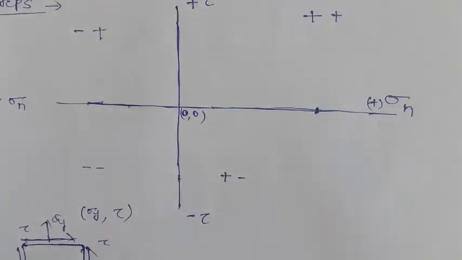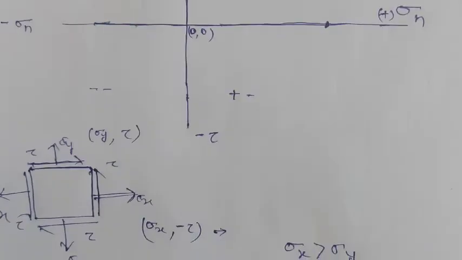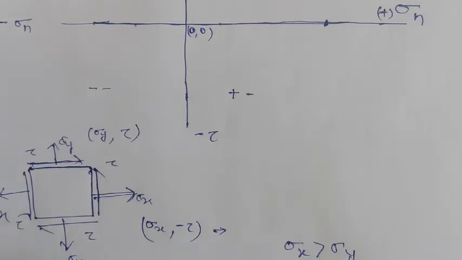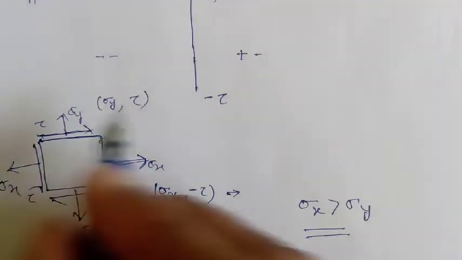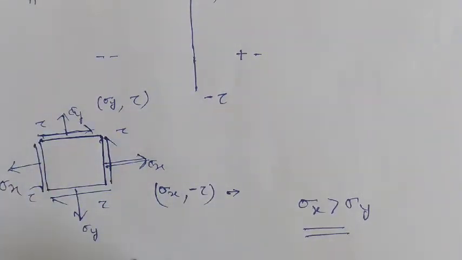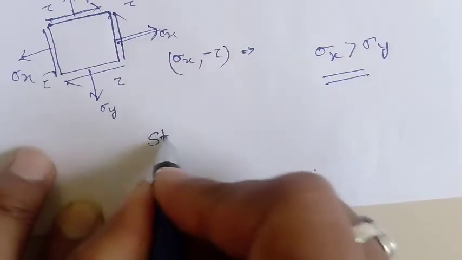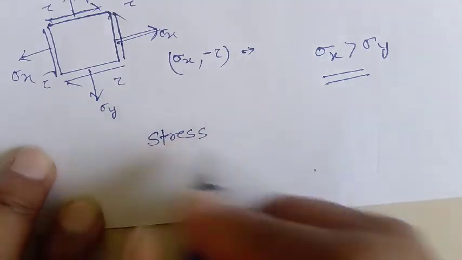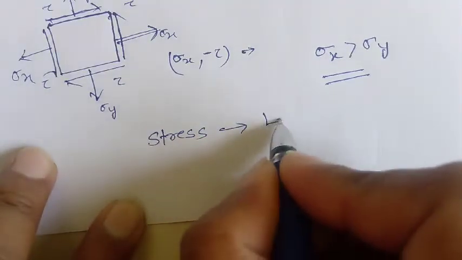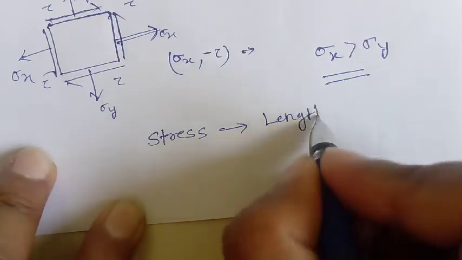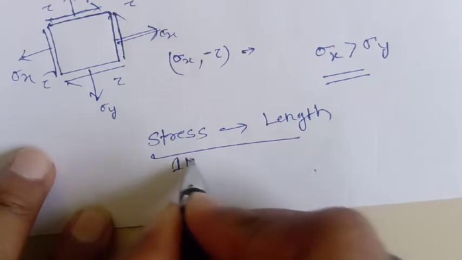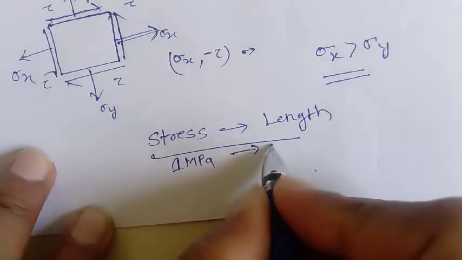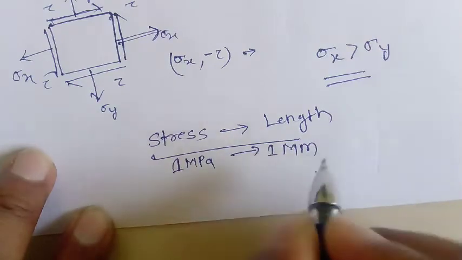So how do we plot this sigma x in the Mohr circle? For that, whatever stress is given, sigma x or sigma y or tau, we first convert this stress to length. Suppose we have 1 megapascal, we take it as 1 mm in a scale.